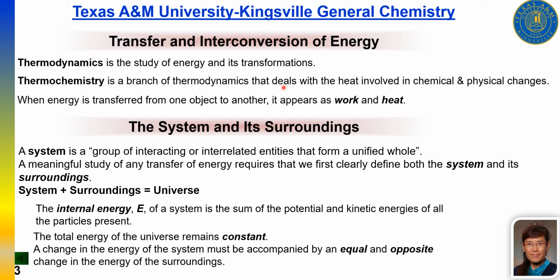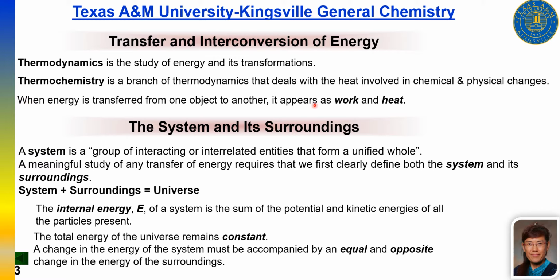Thermochemistry is dealing with the heat involved in chemical and physical change for that particularly interested matter. When the energy is transferred from one object to another, the energy can occur as heat and work.